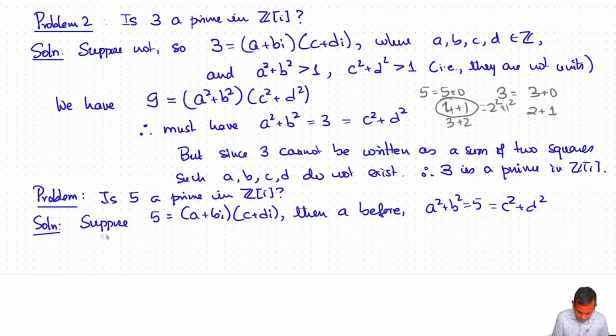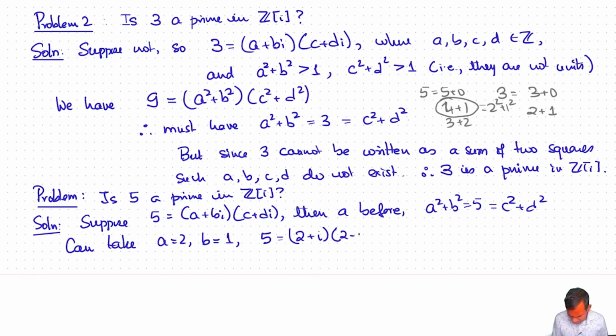So I can take a equals 2, b equals 1, and so you're getting 5 is equal to (2 plus i) times what? You easily see that 2 minus i works.